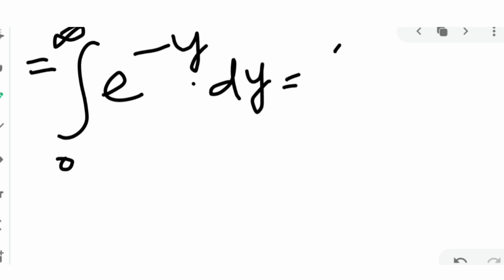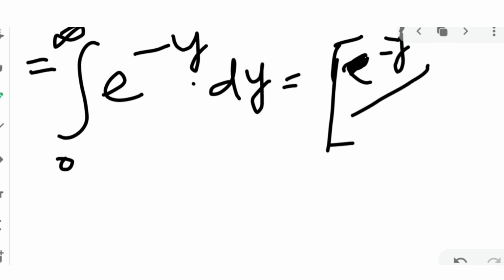Simple integration, we will be getting e to the power minus y by minus 1, from 0 to infinity.